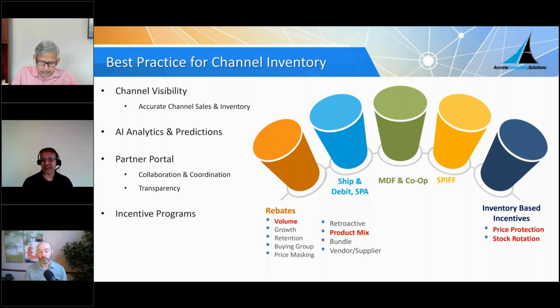And the ones that I highlighted in red are very relevant to managing inventory: price protection and stock rotation. I'm going to talk a little more about this, but those are the 4 programs we will focus on for the remainder of the discussion on how to manage inventory using incentive programs.